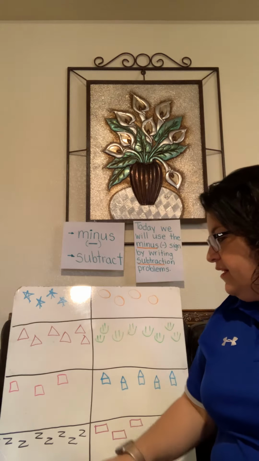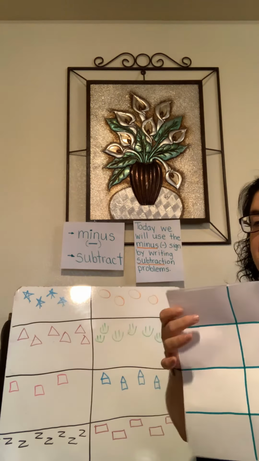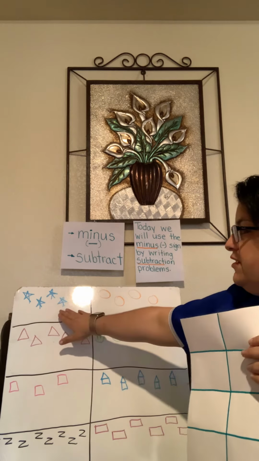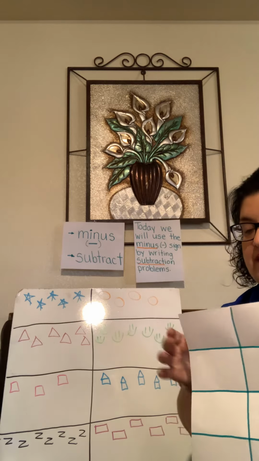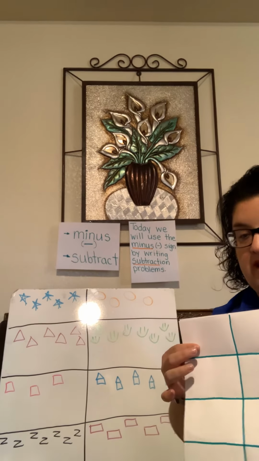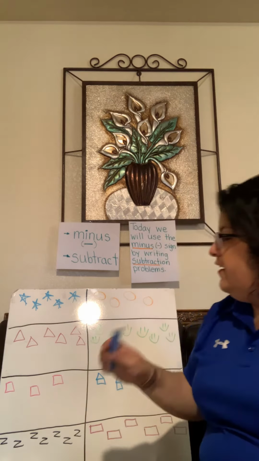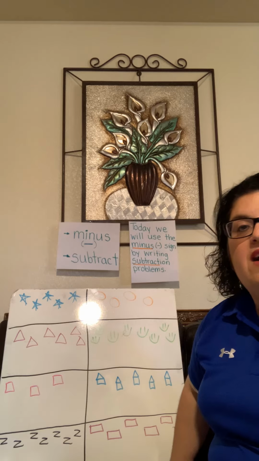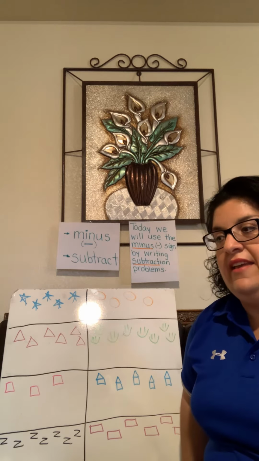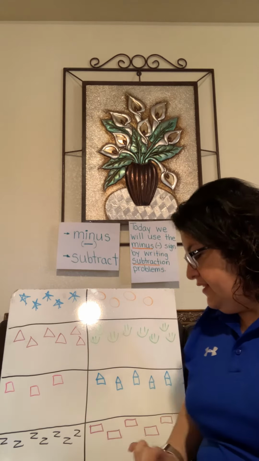So here we go. If you're using the paper, on the first square, I want you to draw 5 stars. So go ahead and draw 5 stars. Okay, here's my problem. I saw 5 stars in the sky. 3 stars disappeared.